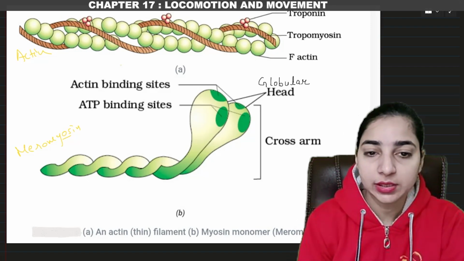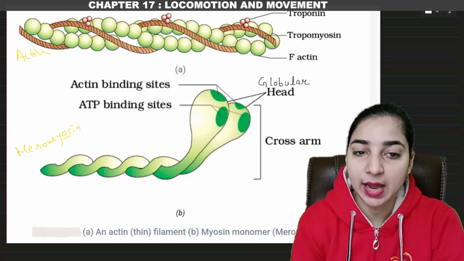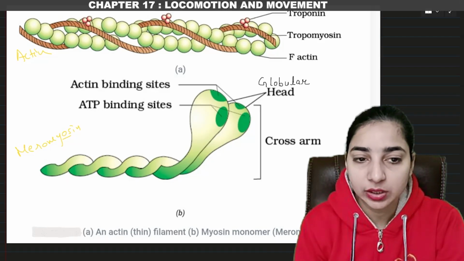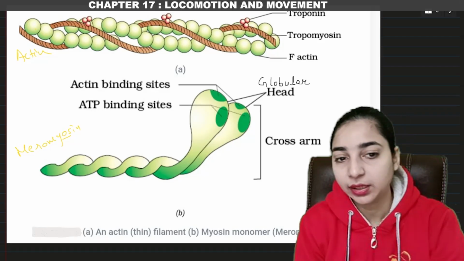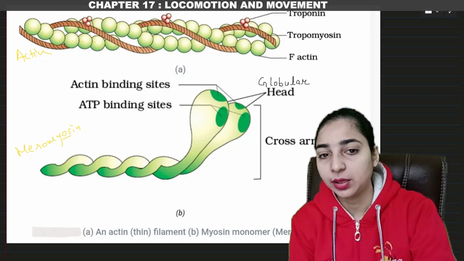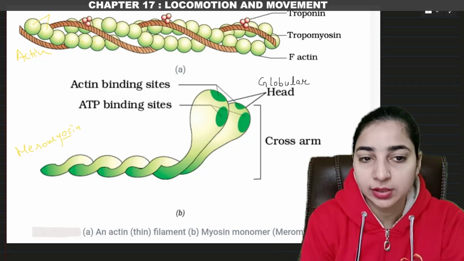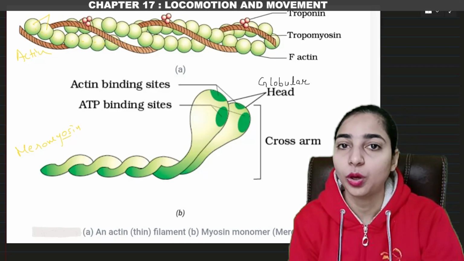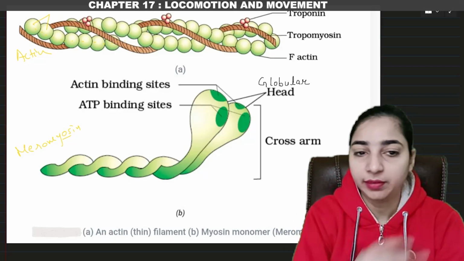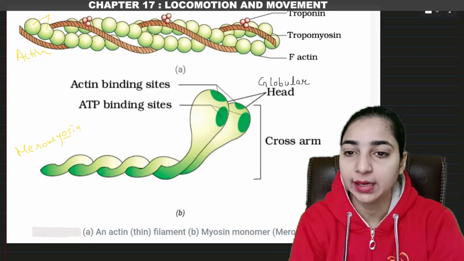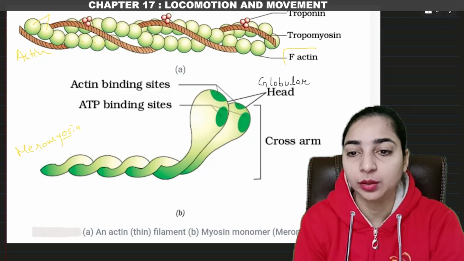Okay. So first we will discuss the upper figure, that is the actin. So here you can see green colored circular structures. Many green colored circular structures are repeated to form a polymer. So each of these circular portions is a globular protein or G protein. Okay. And when they are polymerized to form a thread-like structure, then this polymerized form is the filamentous actin or F-actin.